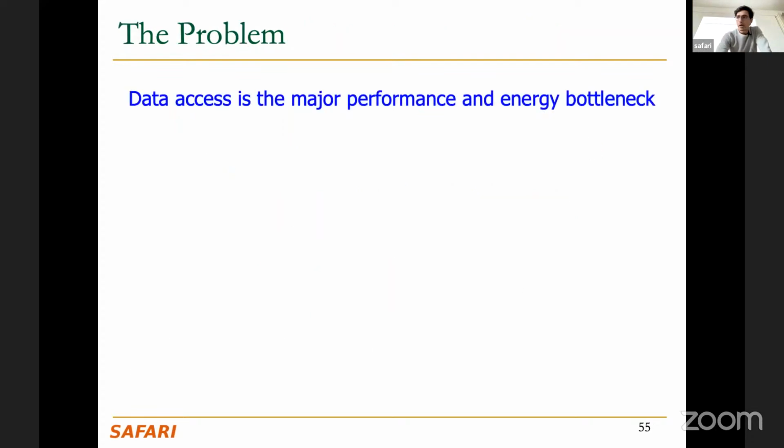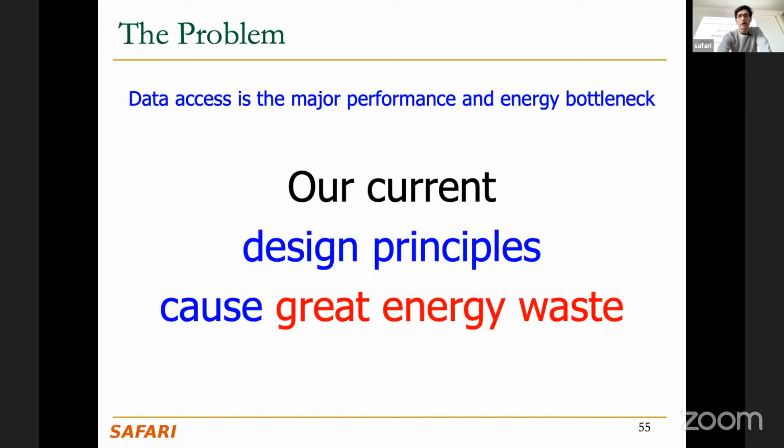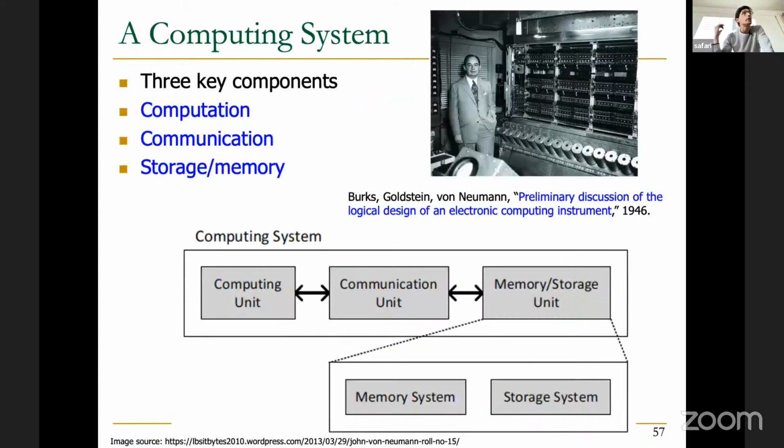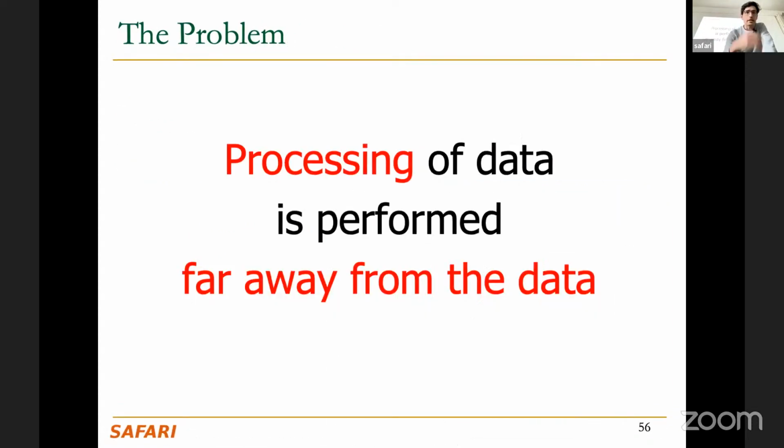So again, to summarize, data access is the major performance and energy bottleneck. And one reason for that is that the current design principles cause great energy waste and great performance loss. And the key reason for that, and remember the von Neumann model, is that processing of data is performed far away from the data.